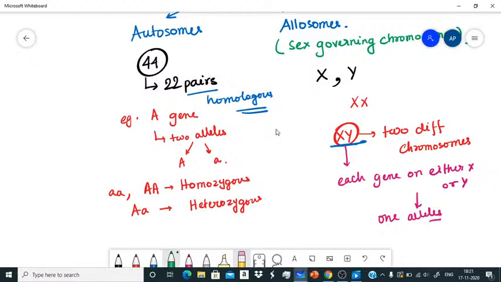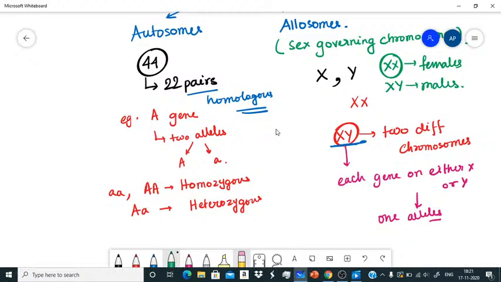This XX arrangement is present in females and XY arrangement is present in males. XY in males, right? This is the situation in case of mammals.